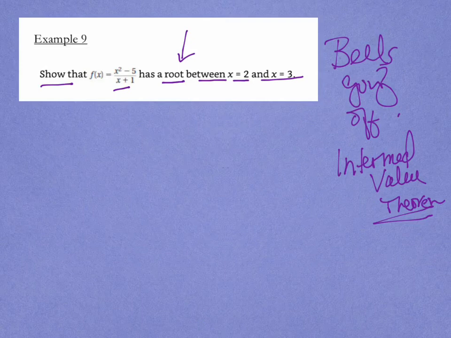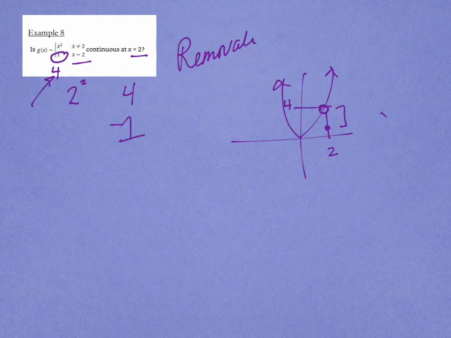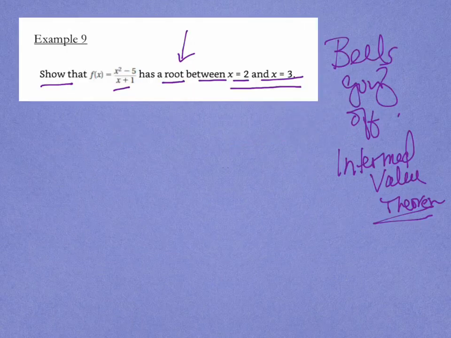First of all, you have to have continuity. It only cares about continuity, by the way, between 2 and 3. So to prove this, you have to prove it's continuous, but you also need to show that one of them is negative and one of them is positive.